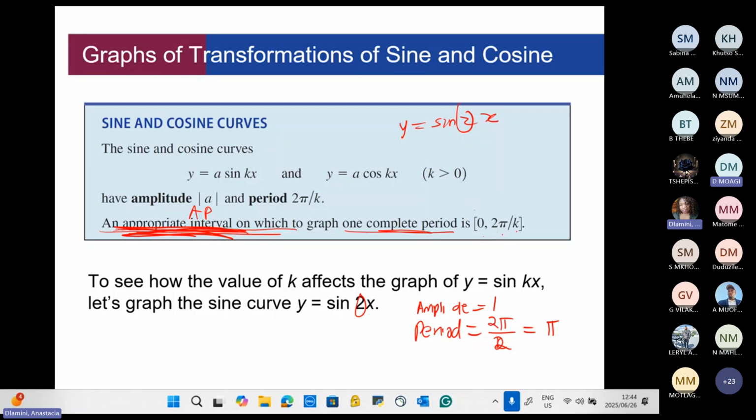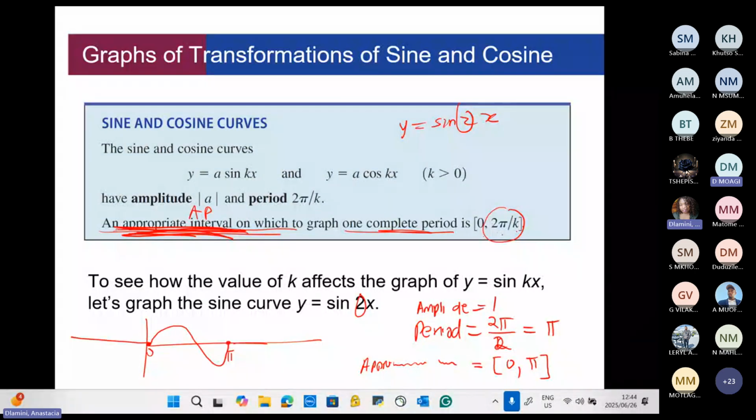So write appropriate interval on which you complete one period is equal to 0 and 2 pi over k. In this case it will be 0 and pi. That's where we started when we drew; that's where our sine function started. Then you can extend it from there to that side.